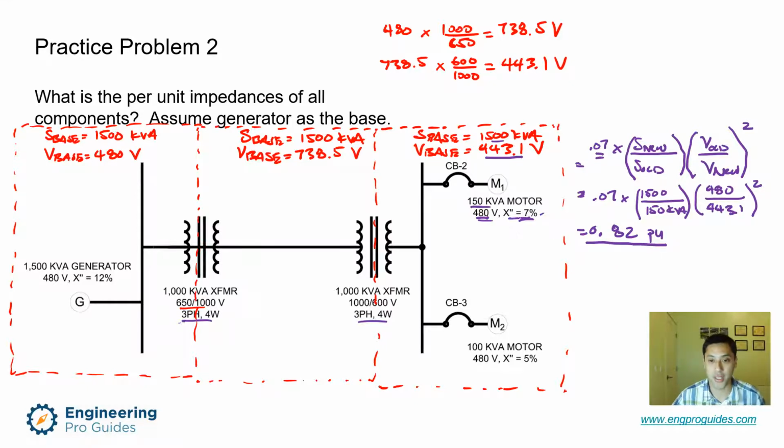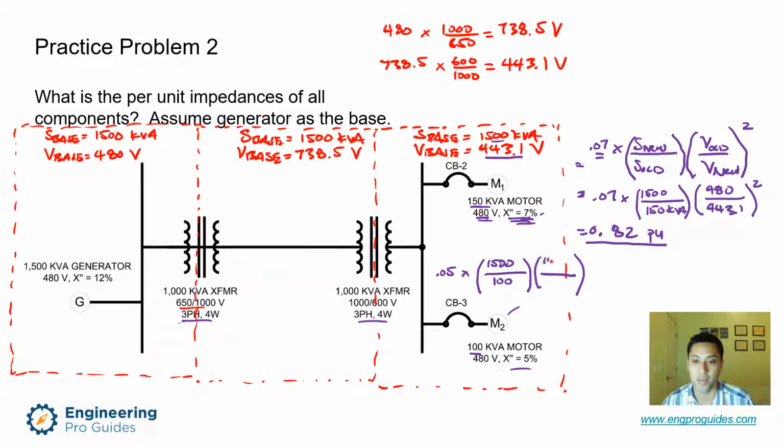Okay, so I've just converted this per unit impedance to this new base, which is based on the generator. And I can do the same thing for the other motor. I'm not going to start with the original equation again. I'm just going to take these values, 0.05 times the new value, which is 1500, over the old value, which is the rated value of the motor, which is 100. Then our voltage is still 480 old, so that's on the top, and then the new was 443.1.